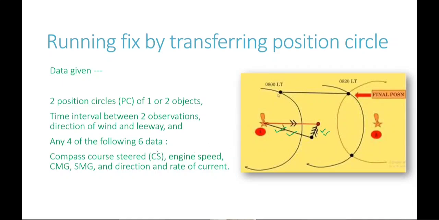Okay, so these four items will be provided to you: compass course steered, engine speed, set and rate of the current. And they will tell you to find out the course made good and speed made good also. So this is the data which is given to us. So let us see now how we apply this data on the chart and transfer the position circle.